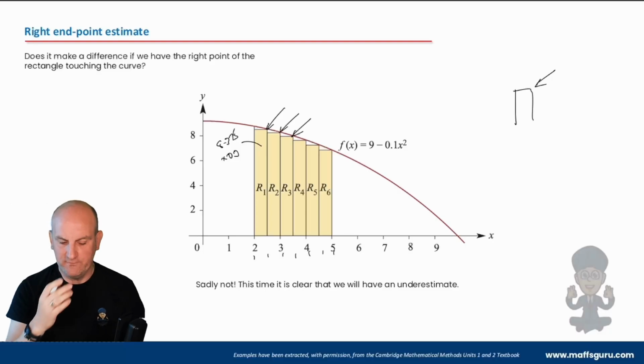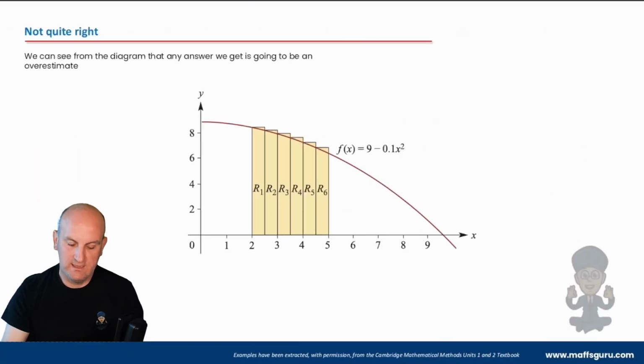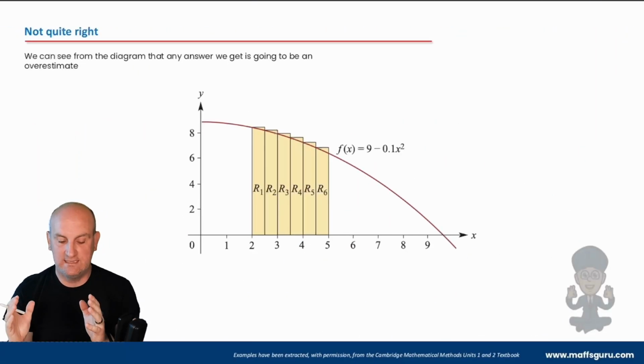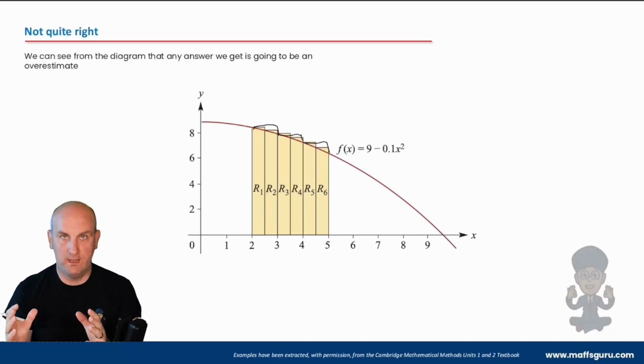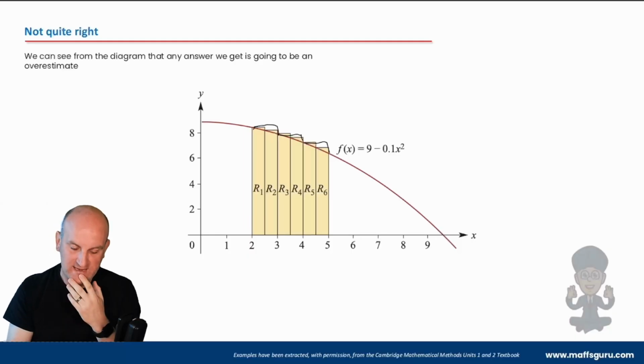So if I go back again to this one here and I talk about the widths again, do you see what would happen if I actually made my widths or my intervals 1 unit? Well, this would actually go all the way across here and down there. This one would go all the way across there, and that would go all the way across there. And so with a much wider bar, we're actually going to end up with a much bigger overestimate.